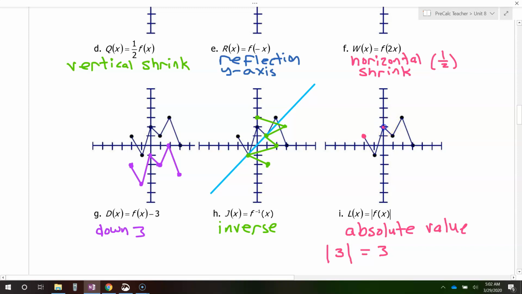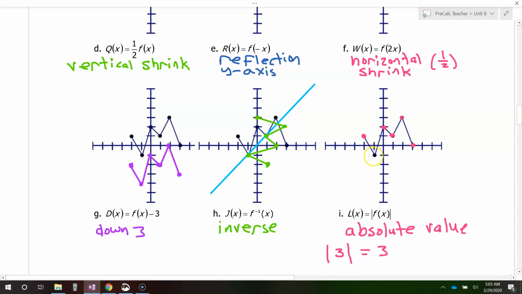This is a positive value. This is a positive value. All of these are positive. I'm talking about the y values. All of these points are above the y-axis, so they aren't going to move. The absolute value of 0 is still 0, so all of those points are going to stay put.